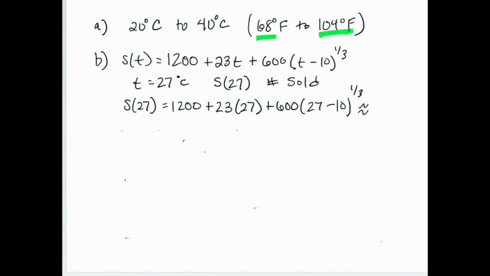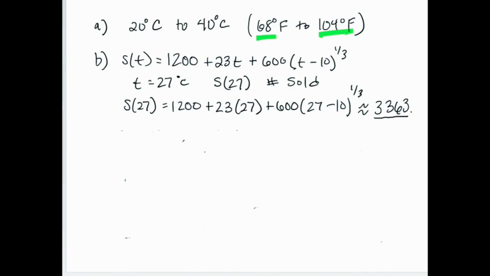power. When we evaluate this, we're going to get that S of 27 is approximately 3,363. Remember that both functions were given in terms of 100, so I have to add 2 zeros on this to complete the answer.